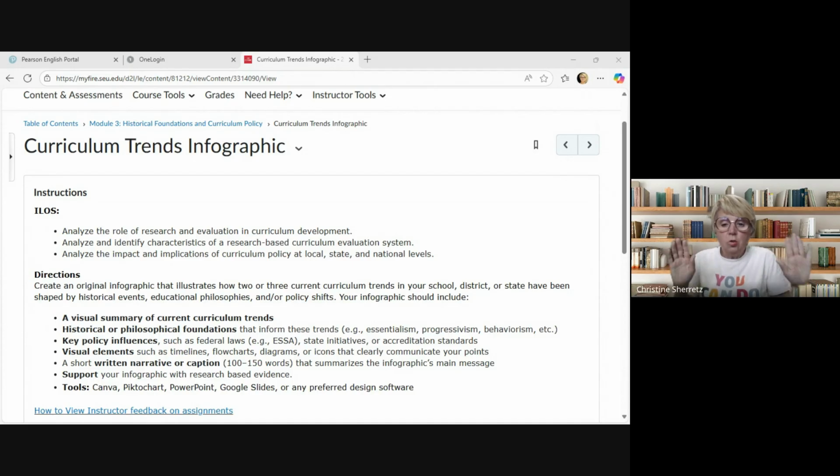You could contrast two different things if you wanted to. You're going to describe the historical and philosophical foundations of those curriculum trends. What are some key policies that are important to those trends? And then visually represent that, and then write a short narrative.